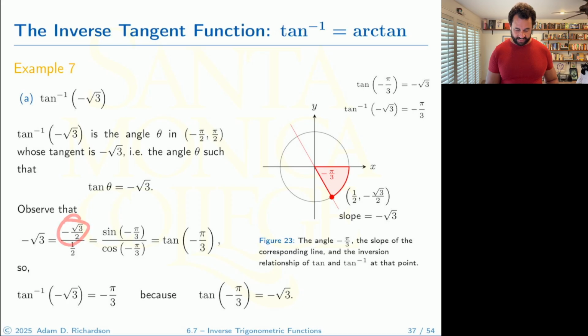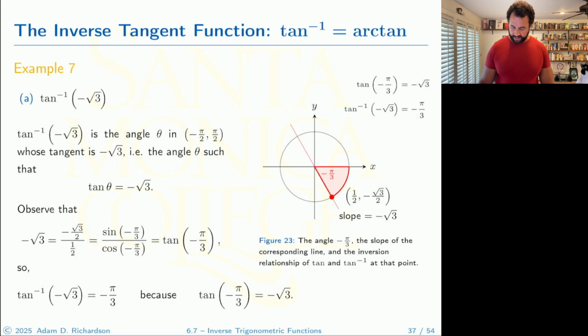So this is sine of negative pi over 3, and this is cosine of negative pi over 3, and that's equal to tangent of negative pi over 3. So this is kind of a backwards algebraic way of getting to the same result. Really what I'm doing is looking for the standard angle that's associated with that root 3 idea.